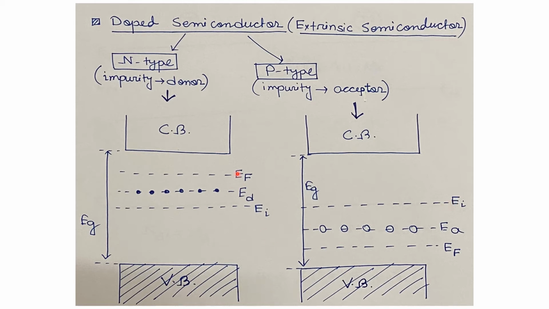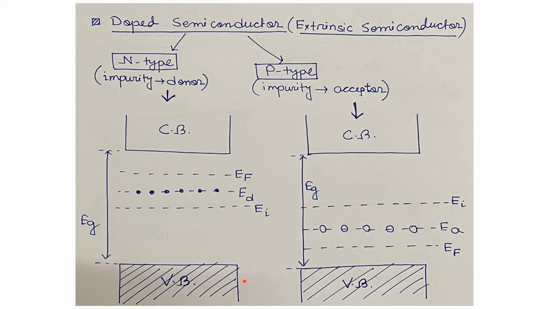If we see the band diagram of the n-type semiconductor, the donor energy level ED will lie above the intrinsic Fermi level EI. At 0 Kelvin temperature, all the donors are in the unionized state. That is, all the donor levels are occupied with electrons. As temperature increases slightly, some of the donors get ionized and contribute electrons to the conduction band.